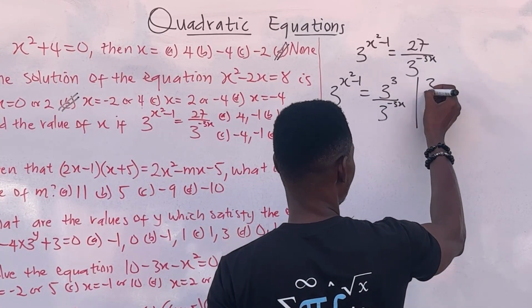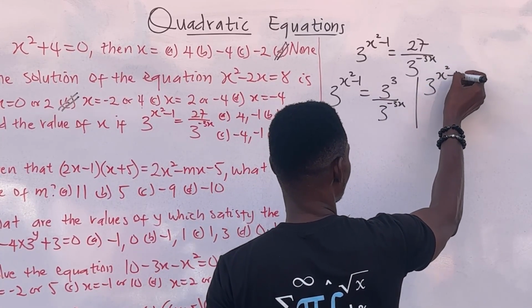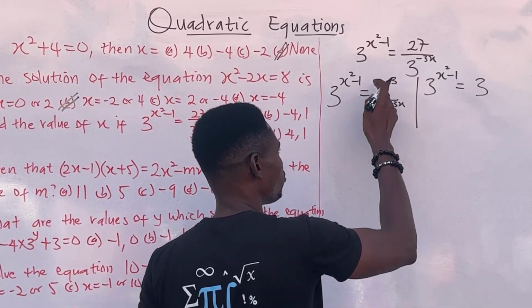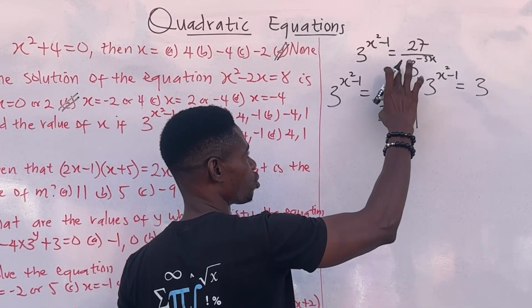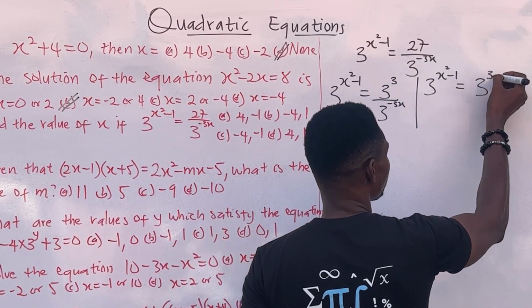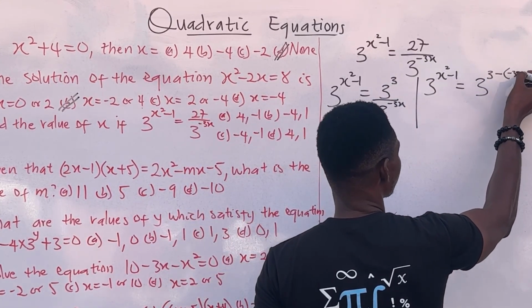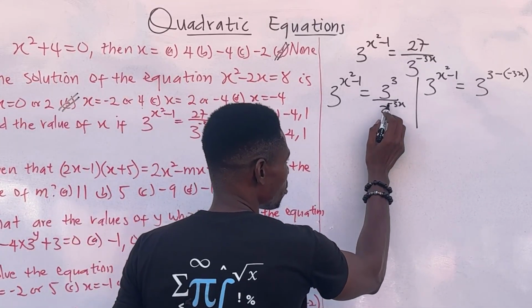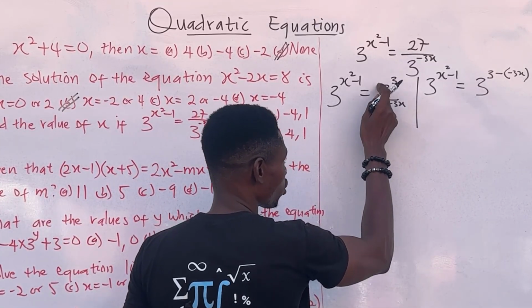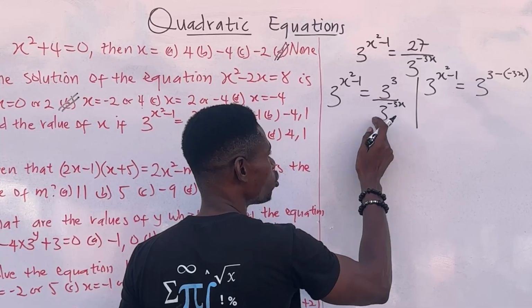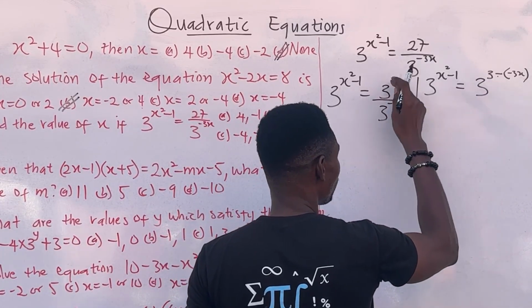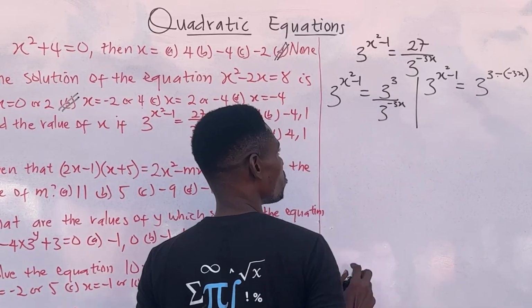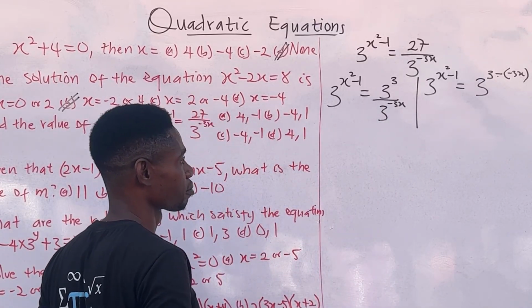So let me move it this way because I'm trying to manage the board. So here we'll have 3 raised to the power x squared minus 1 equal to 3 raised to the power... Remember, when you're dividing the same number, you subtract the power. So you're going to have 3 minus minus 3x. Remember this one, there's a minus 3x here. But because we're dividing, we subtract the power. So this minus is for the division, while this other minus is from the power of our denominator.